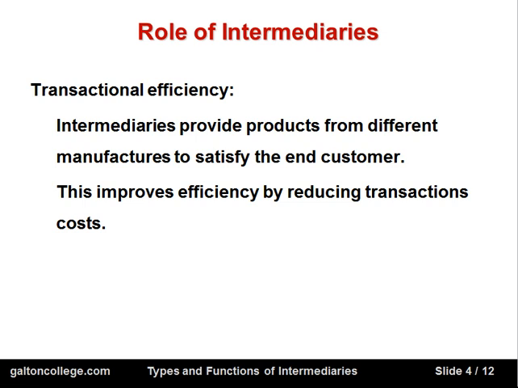So there's another efficiency there, an efficiency in terms of the information in the market. It's easier to get the information because it's coming from mainly one source, the intermediary, who may be buying from several competitors and making those products available in the market.